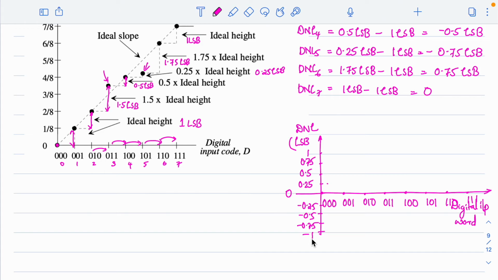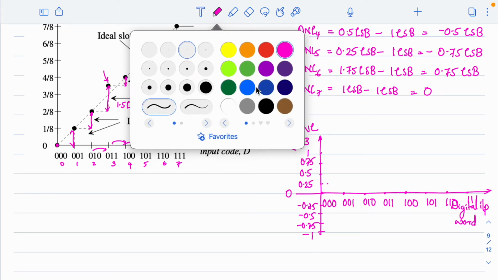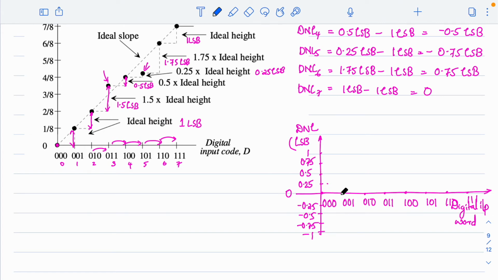So in our case, we have the DNL values, right? For 0 it is 0, let me just plot it. For 1 it is 0, so here is the first point, second point. For 2 also it is 0. For 3 it is 0.5 LSB.